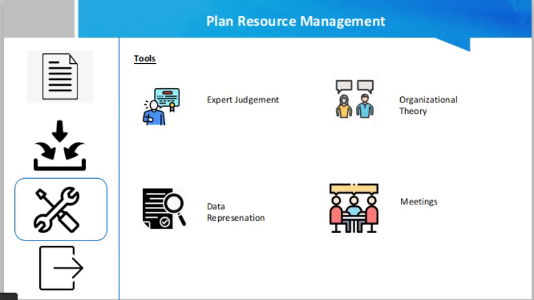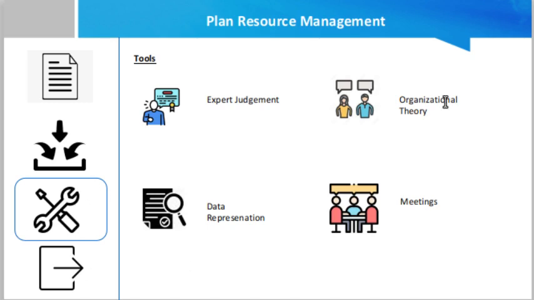The tools for this process begin with expert judgment. Expertise should be considered from individuals or groups with specialized knowledge or training. Then data representation. Data representation techniques that can be used for this process include, but are not limited to, charts. Various formats exist to document and communicate team members' roles and responsibilities.